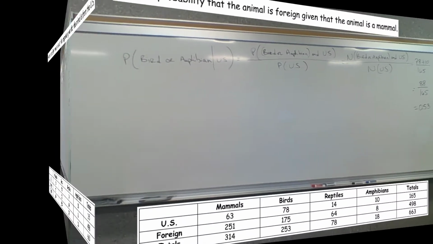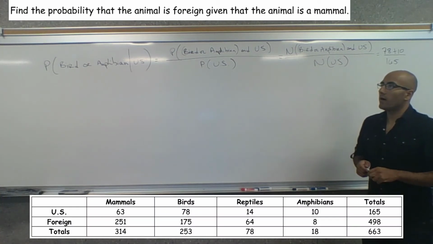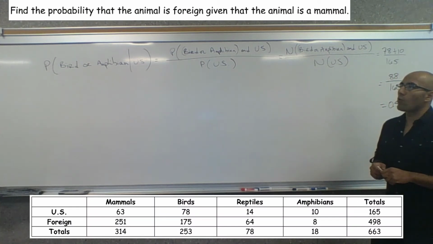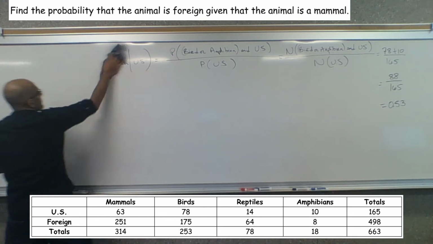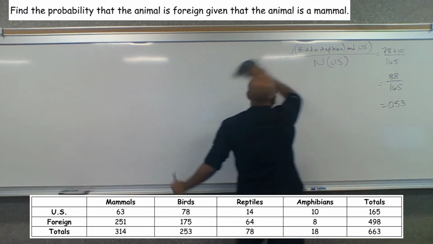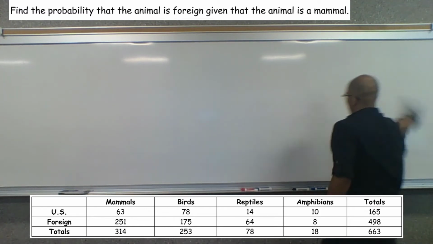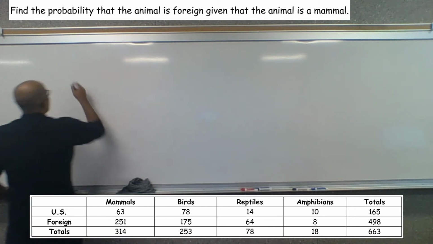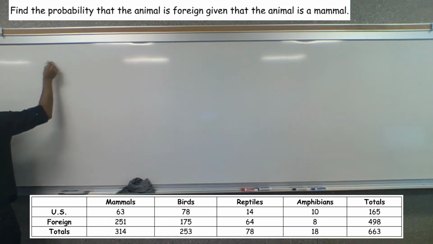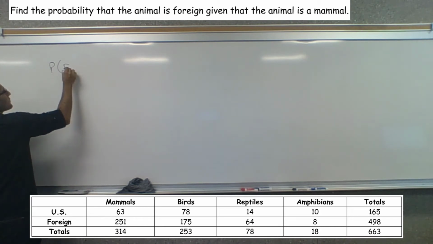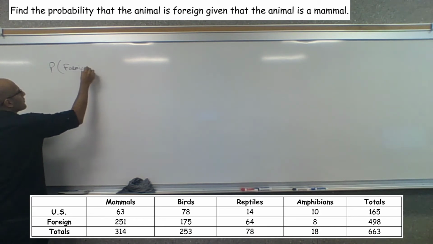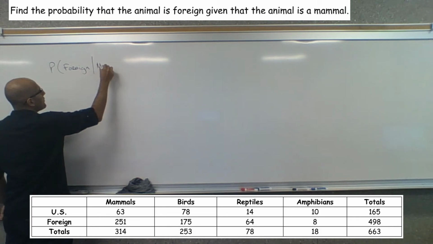0.53. So the next one is the probability that the animal is foreign, given that the animal is a mammal. Probability that it's foreign, given that it's a mammal.